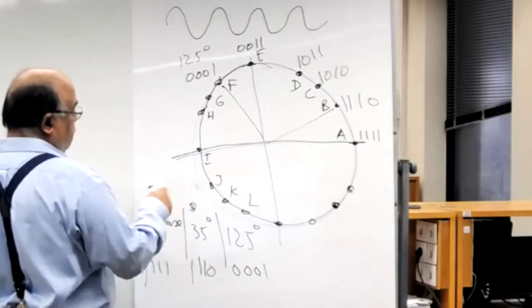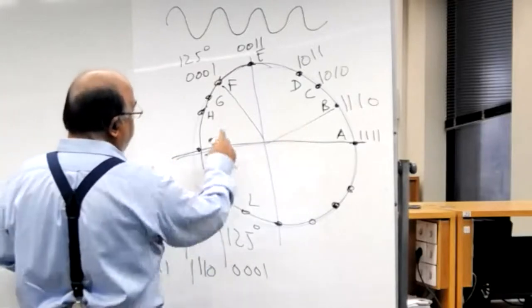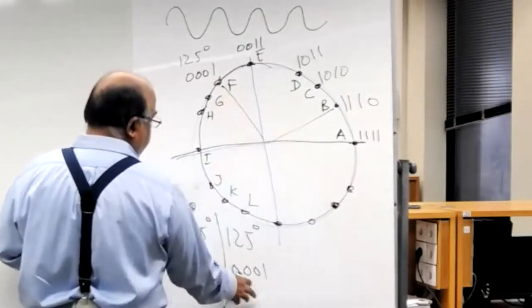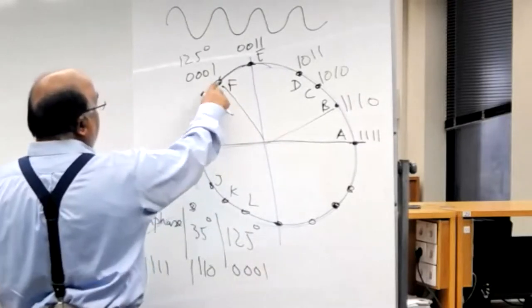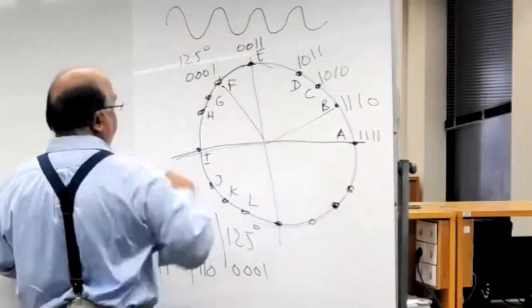By changing between these symbols, the receiver knows that if an F symbol has come, it means 125 degrees out of phase.